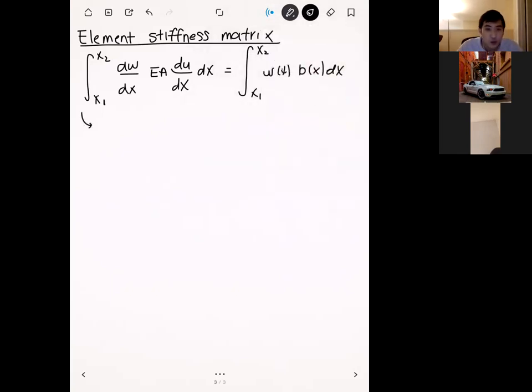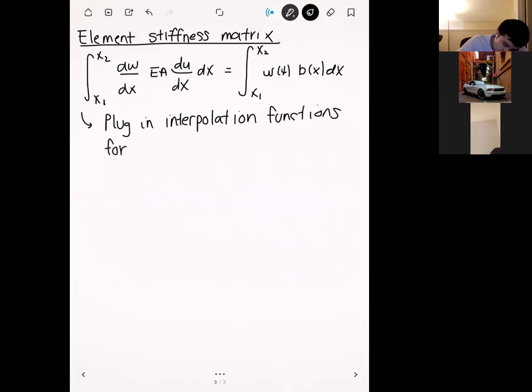At this point, we're going to plug in our interpolation functions for w and u. If you remember from last time, we assumed that our w was a linear function, and then we derived an expression with the shape functions.